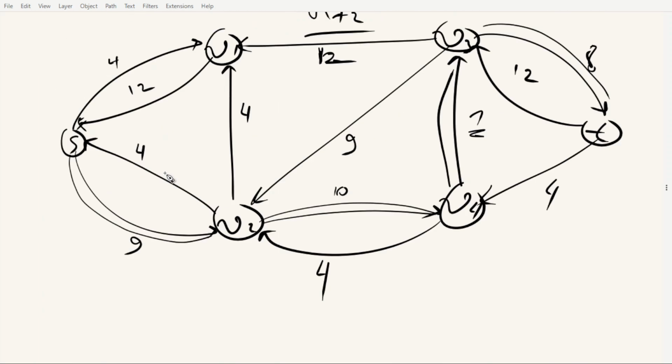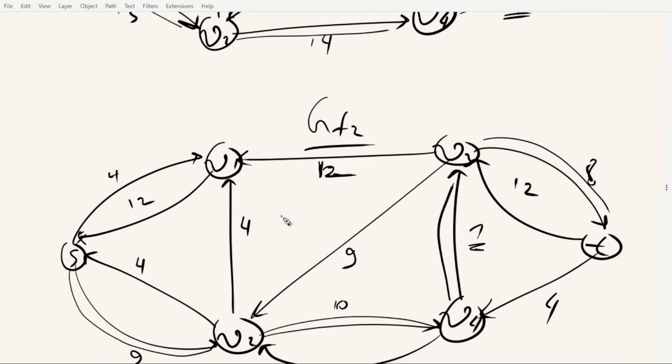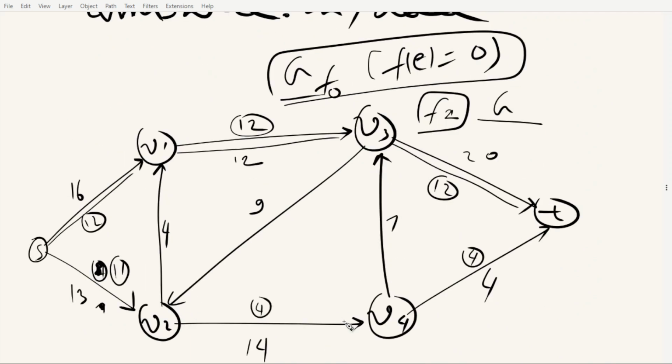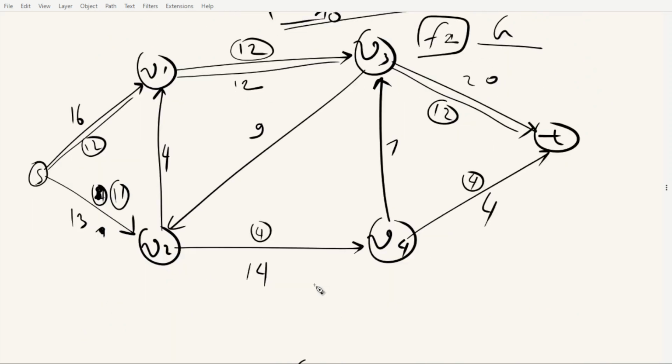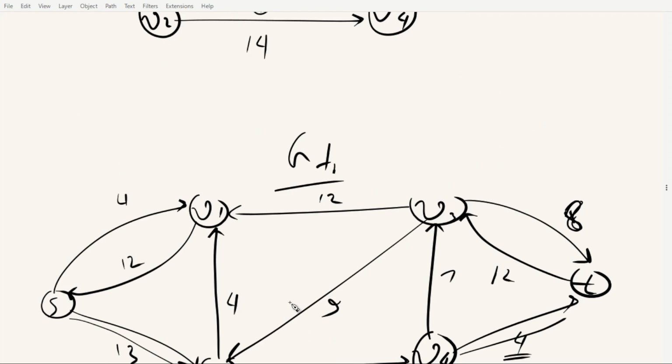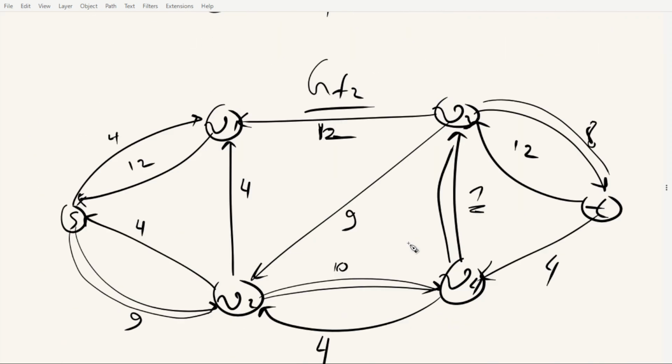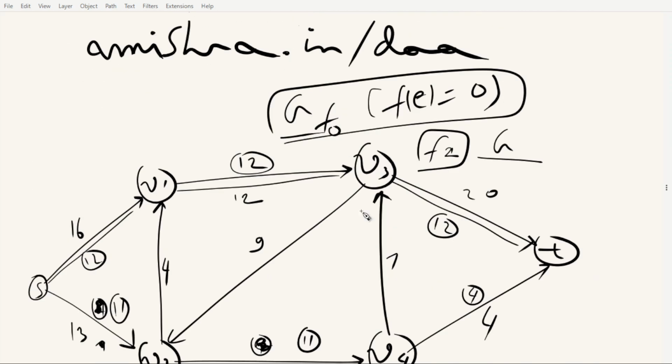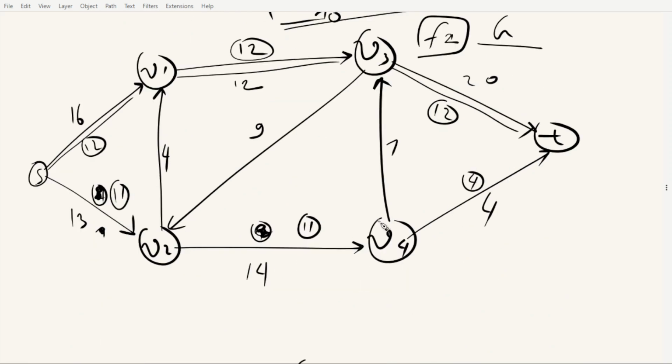Next we have V2 to V4. This is a forward edge. Again, add 7, so we get 11. New flow is 11. Then from V4 we move to V3. Flow is 0, so it becomes 7.